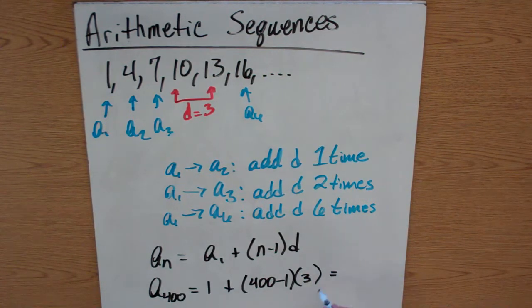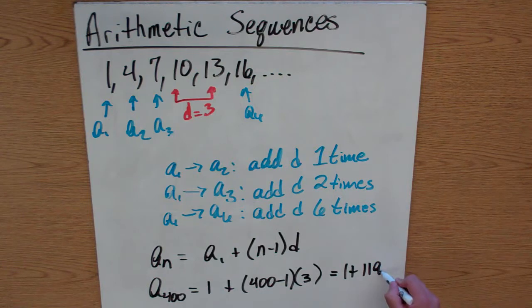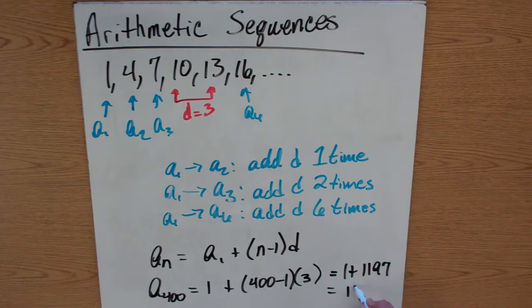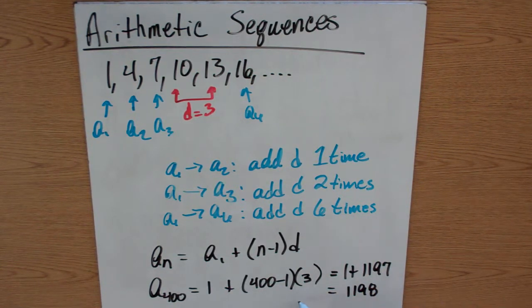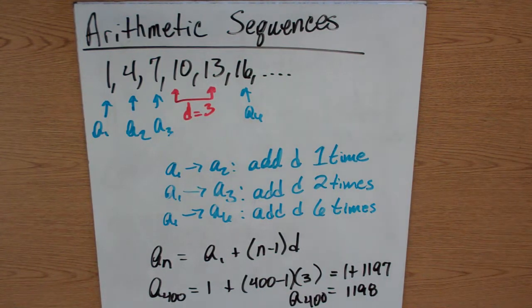So this would be 399, because 400 minus 1 is 399. So 399 times 3 is 1197, and 1 plus 1197 is 1198. So our 400th term would be 1198.